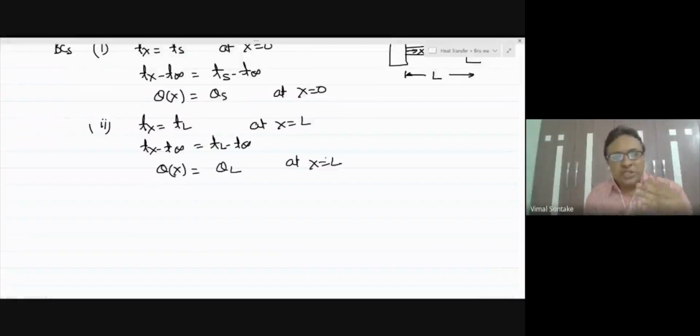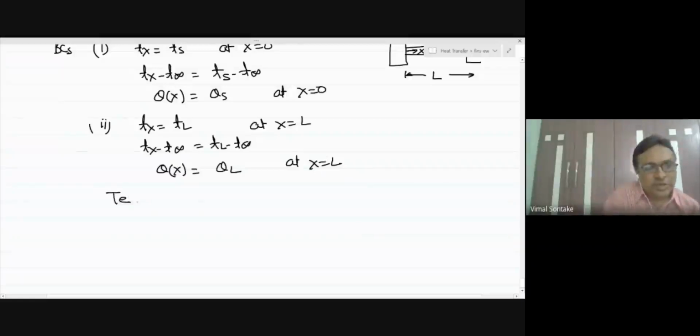These two boundary conditions are to be solved in conjunction with equation 7, that is the solution of the homogeneous linear differential equation of second order. So I will get the temperature distribution and heat transfer rate equation. I am directly writing it, as I have derived it. So let me write it for you.